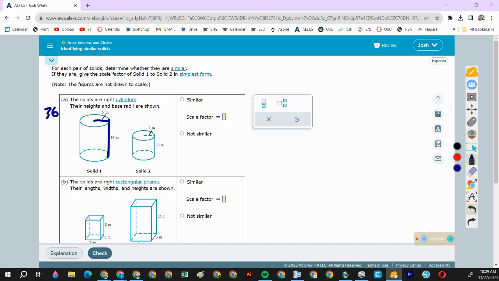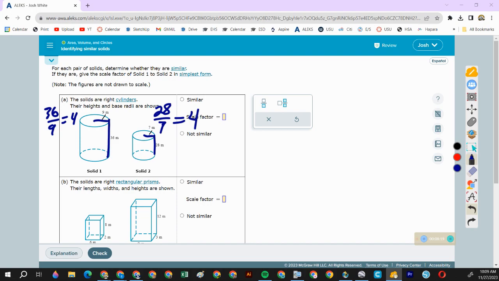So 36 divided by 9 is 4. This has a radius of 7 and a height of 28. 28 divided by 7 is 4. So are those similar? Yes.